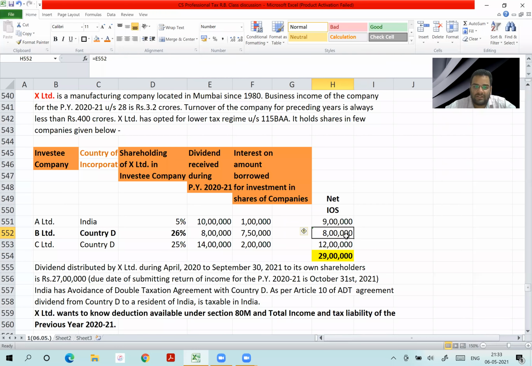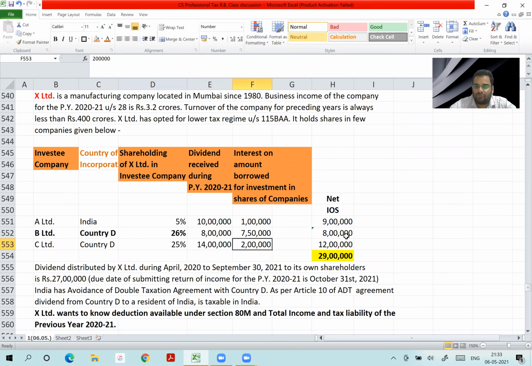And what about country D? Dividend from the company in country D will be taxable at normal rates. Why normal rates? It is not a specified foreign company. Very good. So 14 lakh minus 2 lakh.